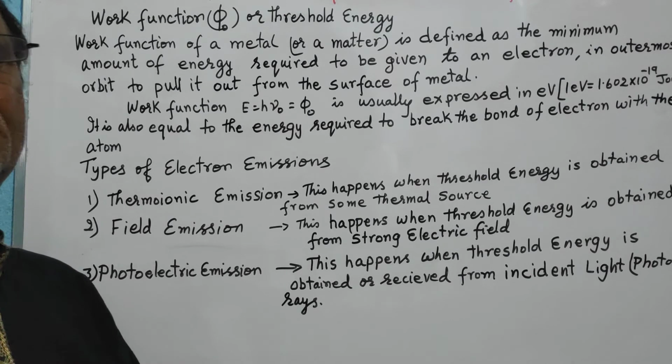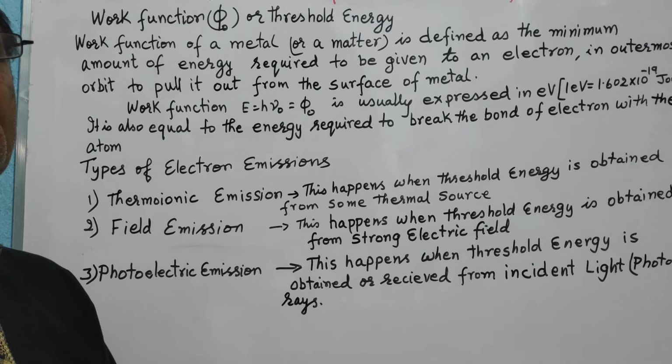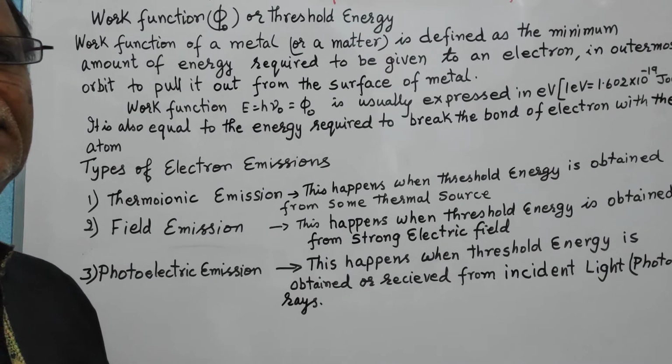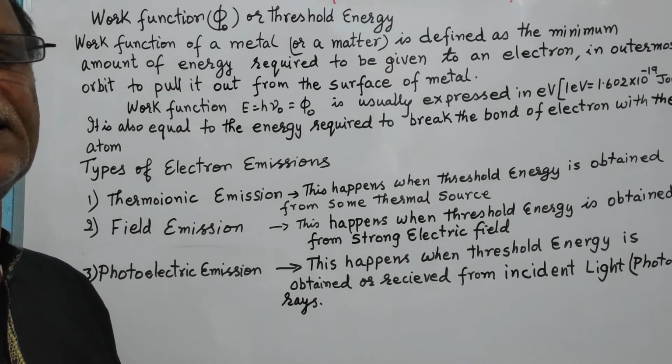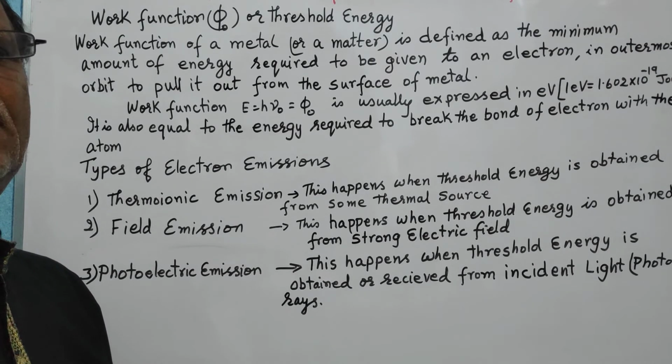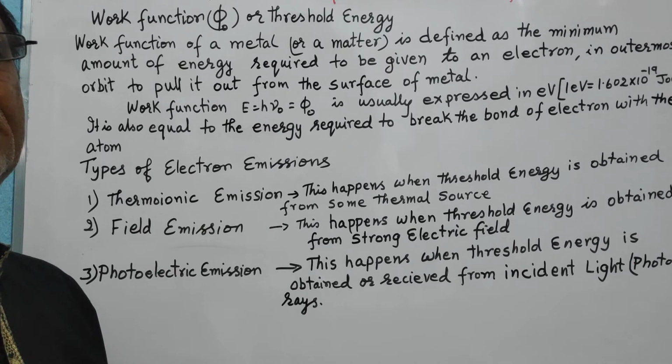Whenever a metallic surface is placed under the influence of a strong electric field, this field will apply force on electrons as well as protons, but certainly in opposite senses, and therefore the electrons may get free from the grip of the atom under the influence of a strong electric field present in its vicinity.